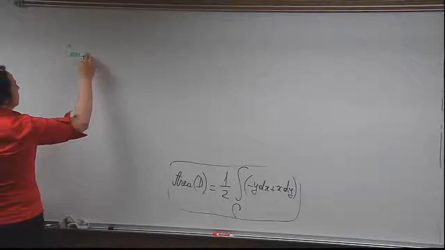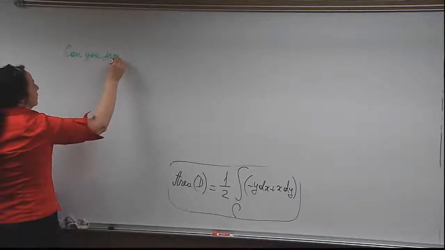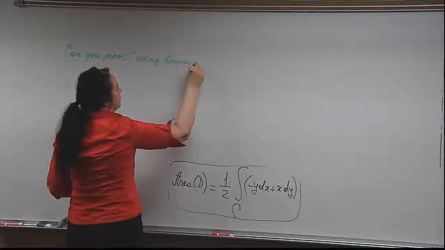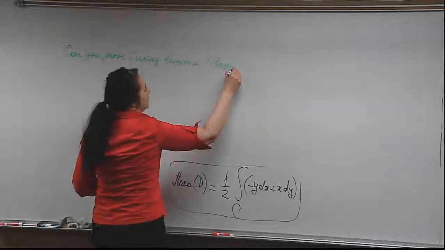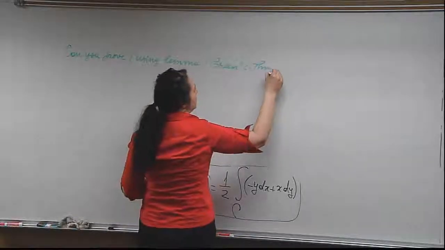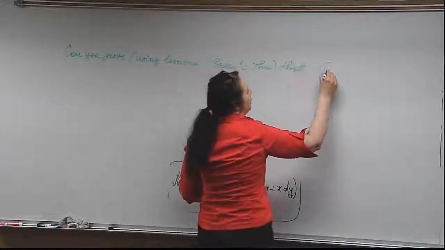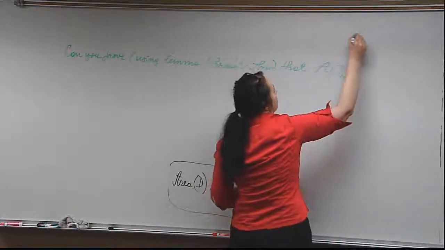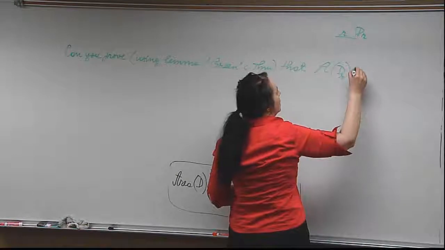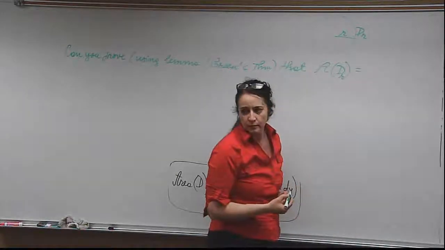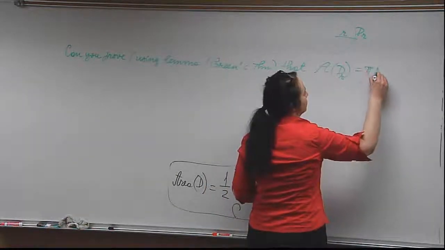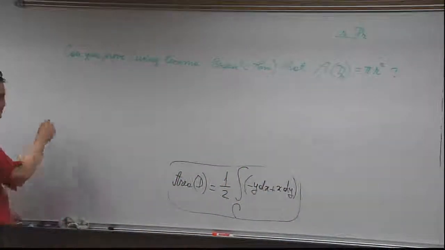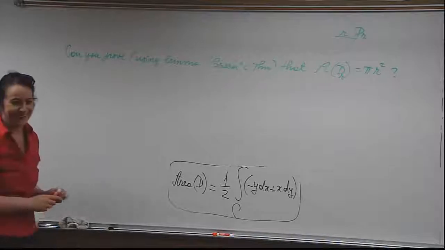Can you prove, using the lemma or Gauss theorem, which is the same thing, either one, that the area of the disk of radius r, this is dr, the disk of radius r is pi r squared? I hope so, and the answer is, I hope so, and that's all.